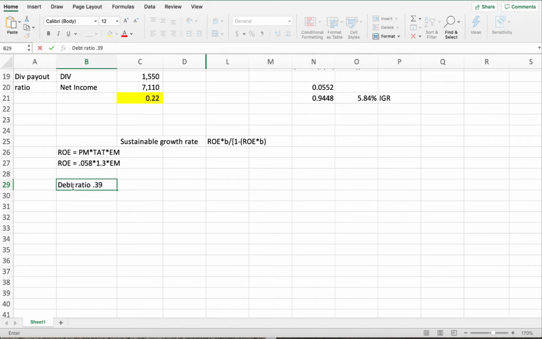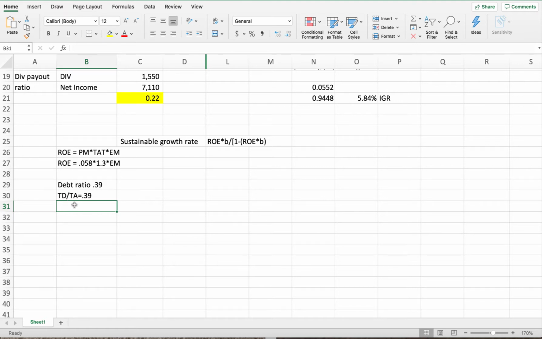So think about it. What is the total debt ratio? Well, we can look at it this way and say total debt divided by total assets equals 0.39. Okay, so the first thing we need to do is take this equation and kind of invert it, okay?